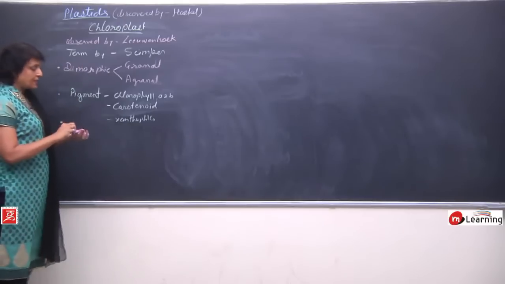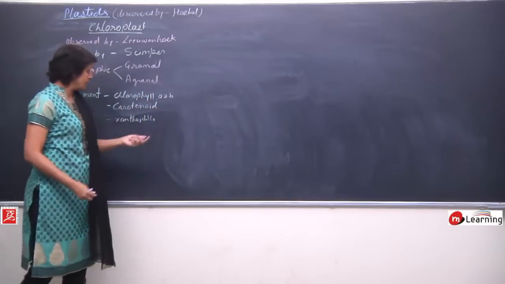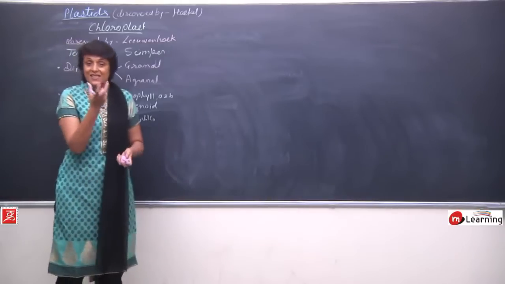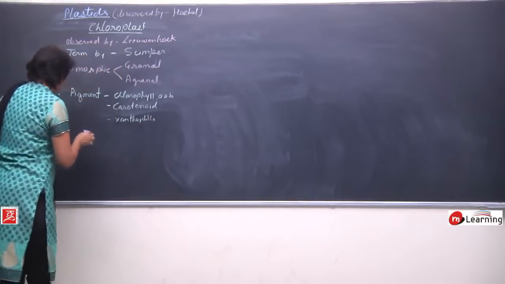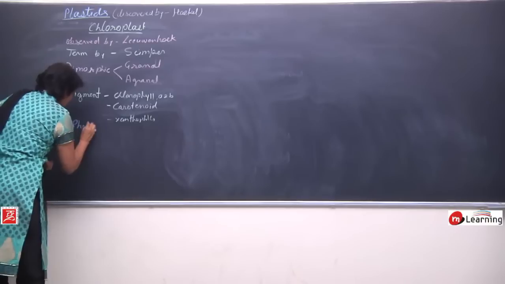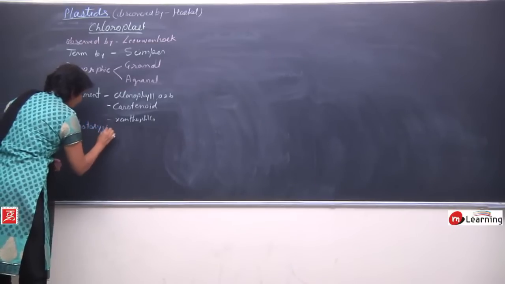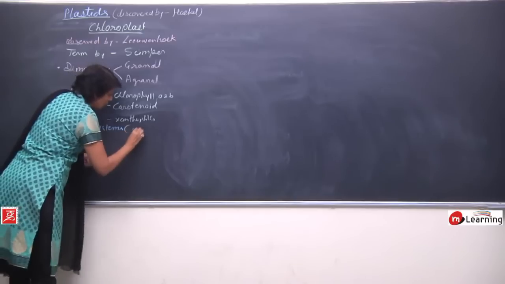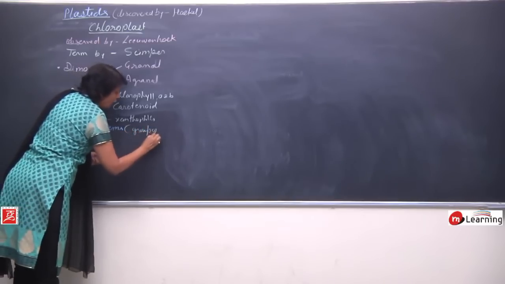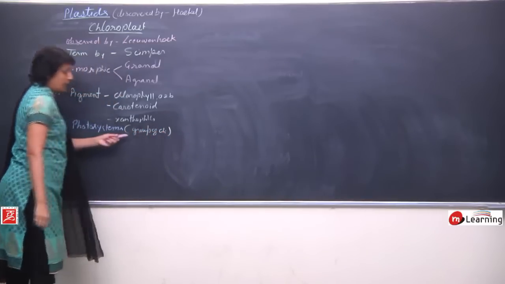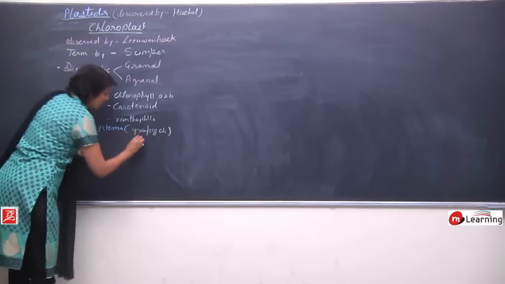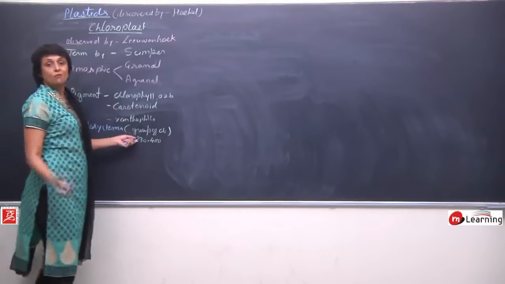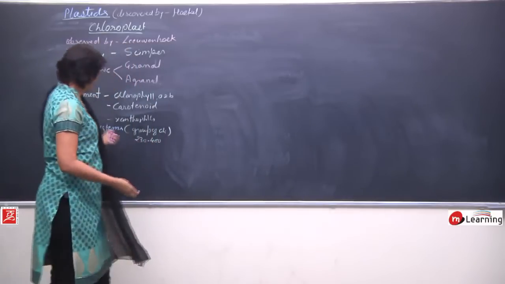In chloroplast, in the membrane of thylakoids, we will see the structure in a minute, these chlorophyll pigments are found in clusters. So these clusters are known as photosystems. Photosystems are group or cluster of chlorophyll. How many chlorophyll molecules? Normally 230 to 400 chlorophyll molecules make one group, which is known as photosystem.